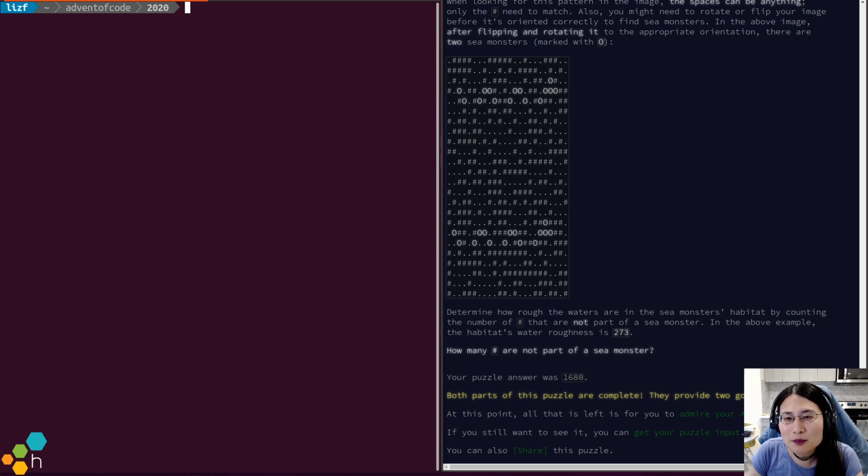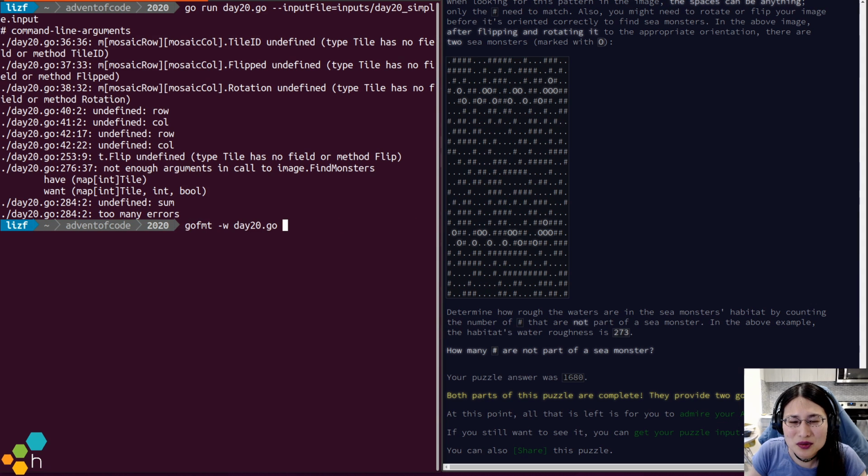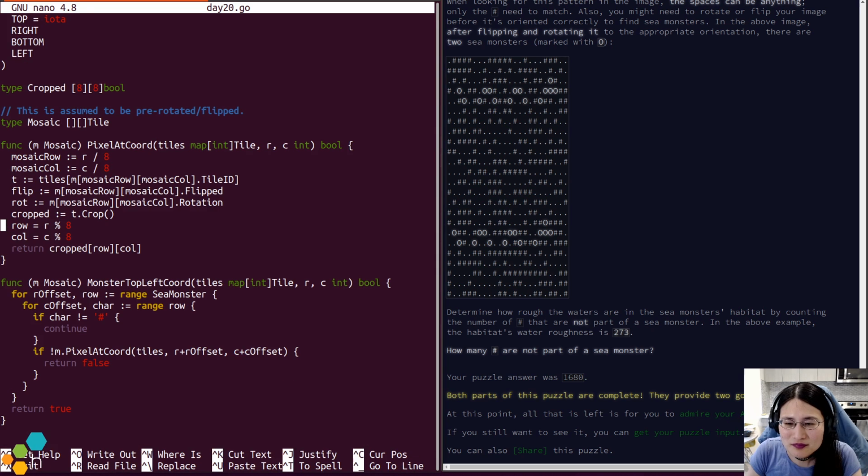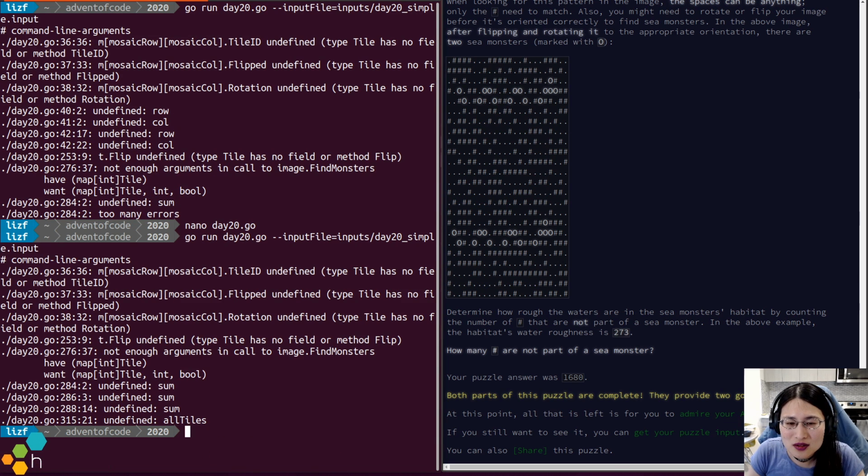Let's run it on the sample input real fast. So we've got some compile errors to fix, which is not a giant deal. Okay, line 40. These are just set.